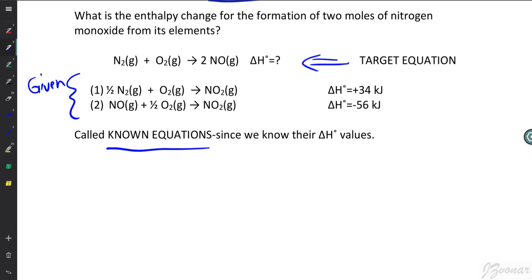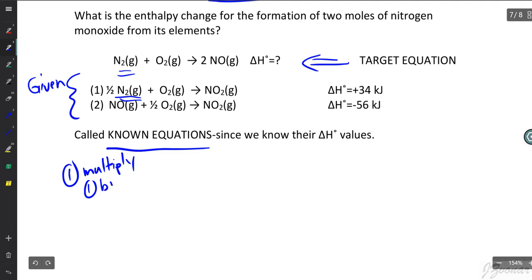Looking at my first equation, equation number 1, I see where the important information is. The important information here is the N2. The N2 in my target equation is part of the reactants, so it's on the correct side and I don't have to reverse it. However, the coefficient is not correct, so I'm going to have to multiply number 1 by 2.